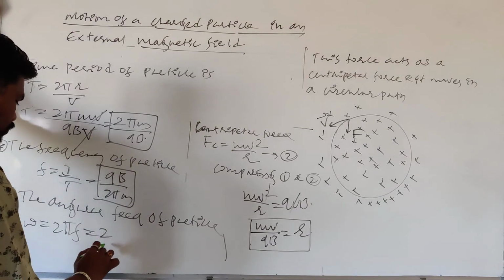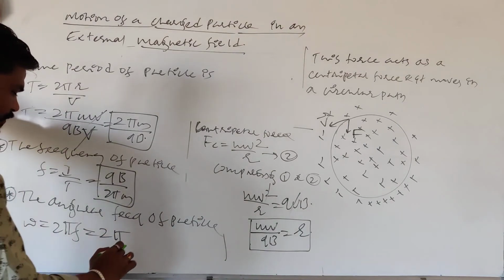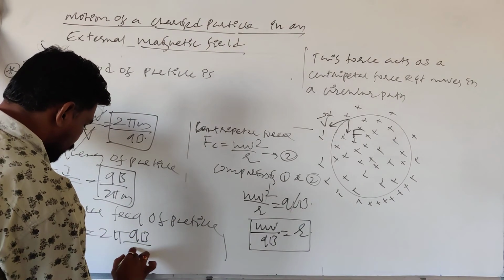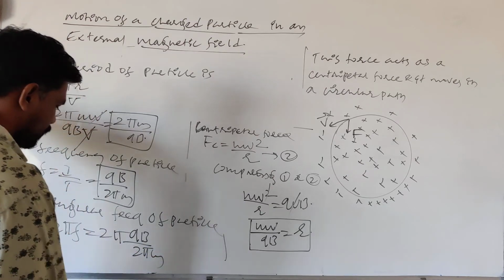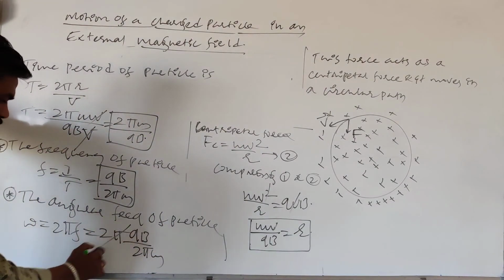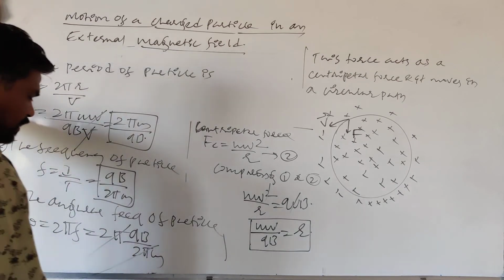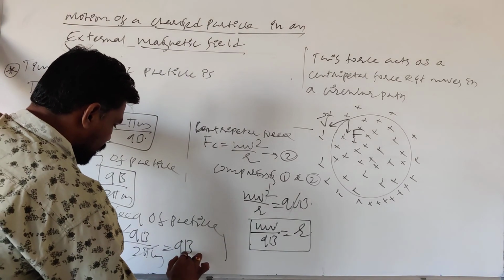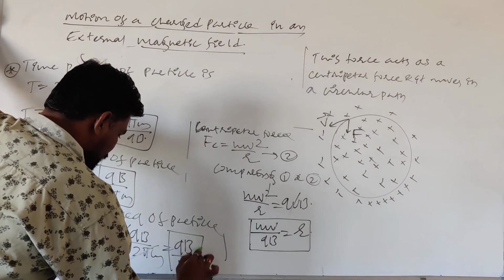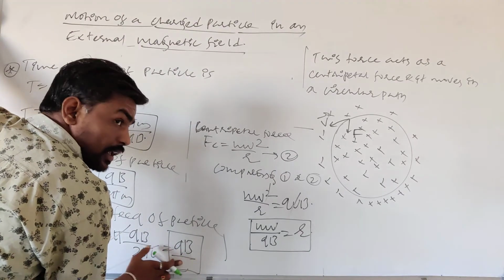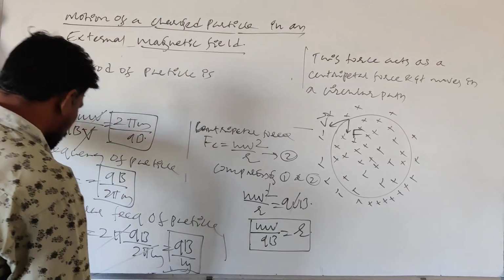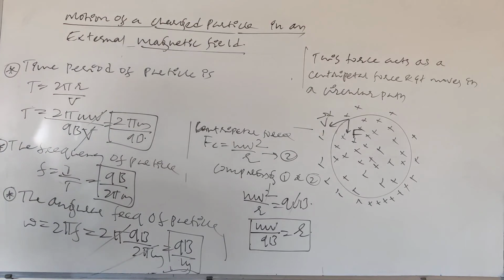So 2 pi, that is our f, qB divided by 2 pi m. This 2 pi m cancels, right? So qB divided by m is our angular frequency.